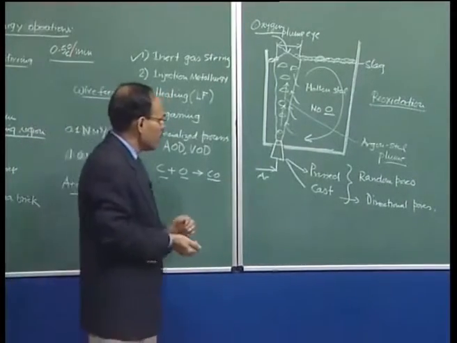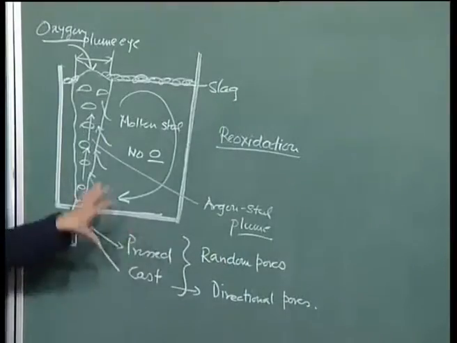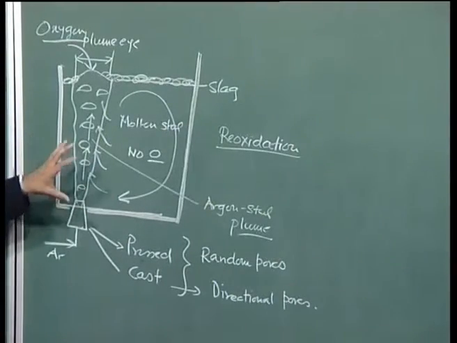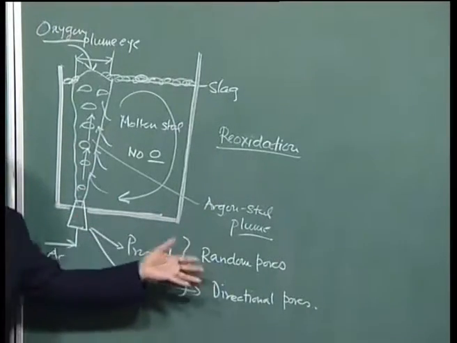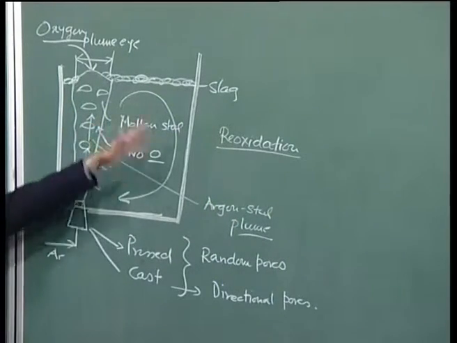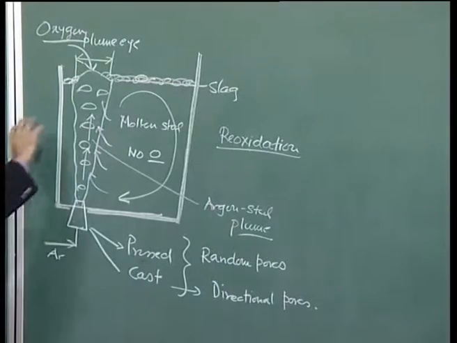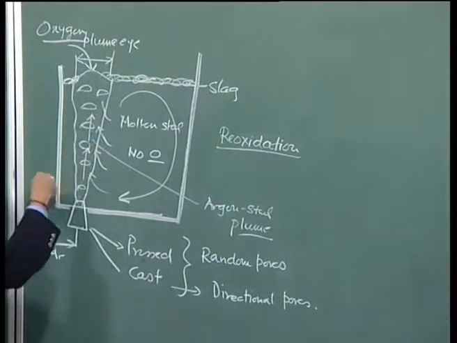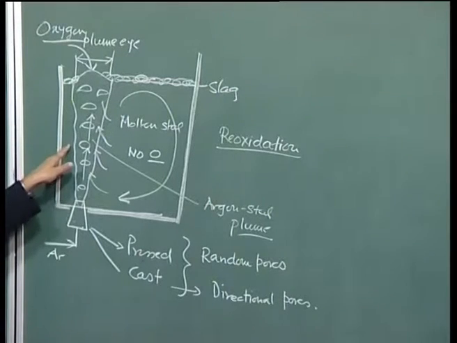Now, in the argon injection operation, the precise nature of the pores does not influence much the flow field generated in the system, because the size of the bubbles is dictated by thermophysical properties, since the flow rate is small.